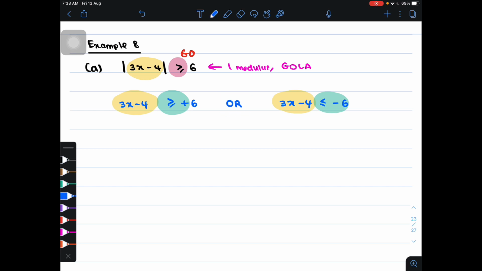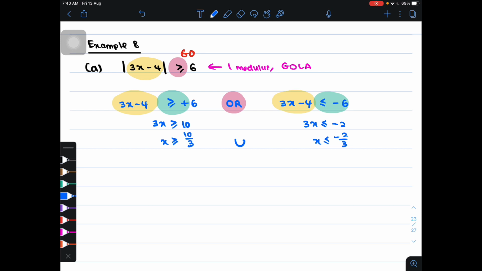We put or, because G is greater than O is O. And then solve for both of them. So do we just take these two answers? No, you need to apply the meaning of or. Or means that you need to use union.